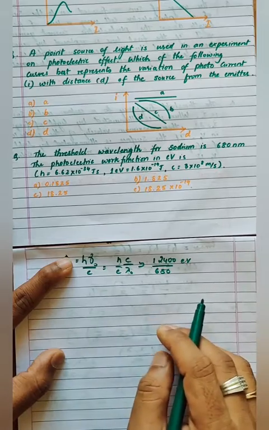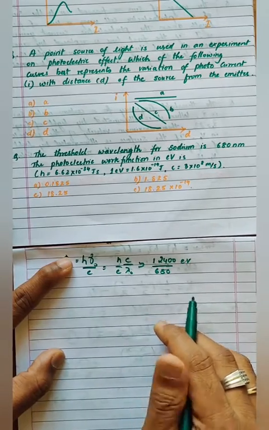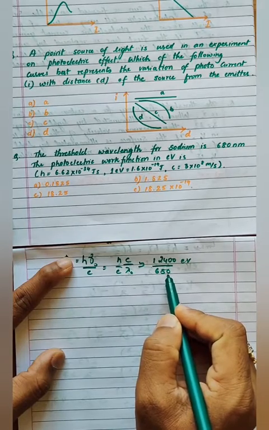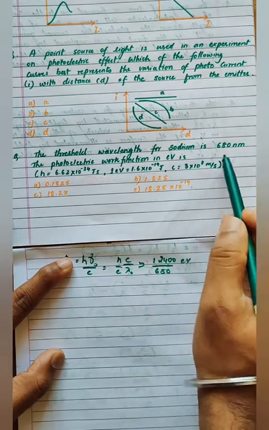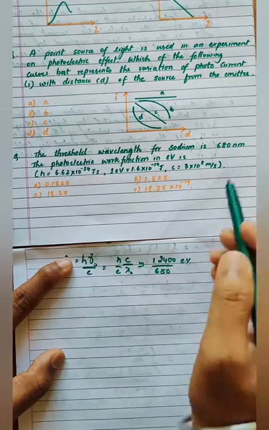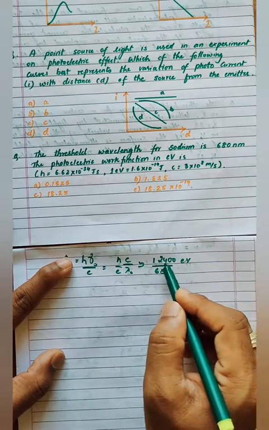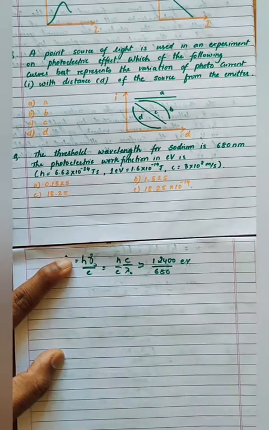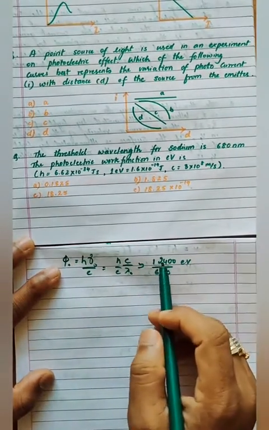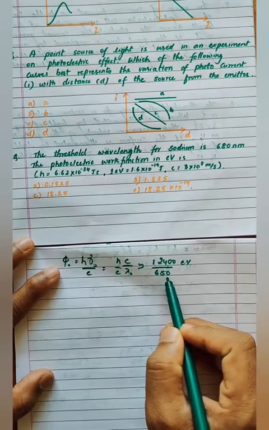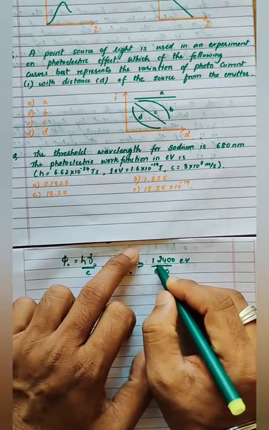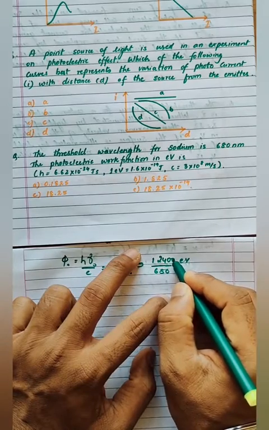Now if you do this calculation, but here lambda is in nanometer, right? Only if you get angstrom, then you can keep 12,400. So if you get nanometers here, you should take 1240 instead of 12,400.